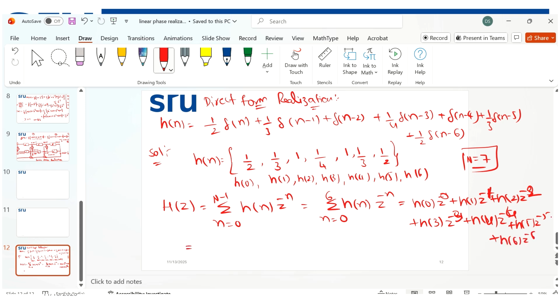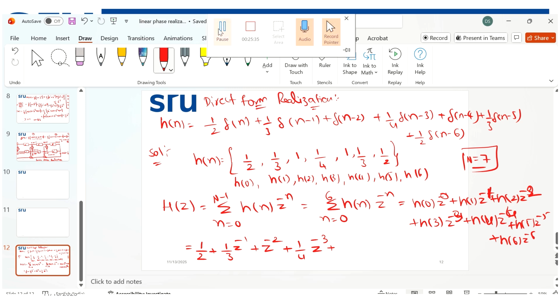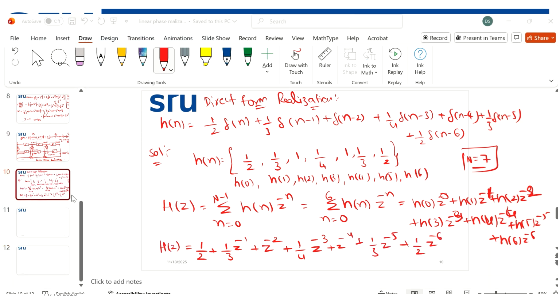Now from the above values we have all the coefficients. Just substitute the coefficients, 1 by 2 plus 1 by 3 z power minus 1, next 1 into z power minus 2 plus 1 by 4 into z power minus 3 plus and so on. Now write H of z as Y of z by X of z, multiply X of z to the right hand side and apply the inverse Z transformation, then you will get the structure.